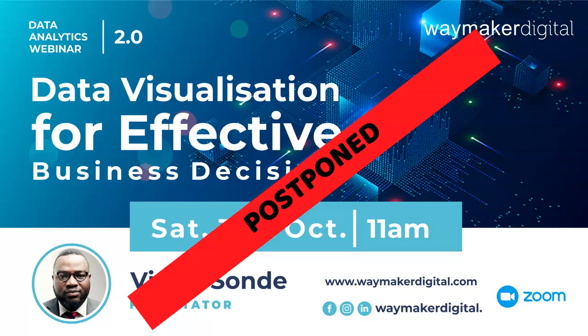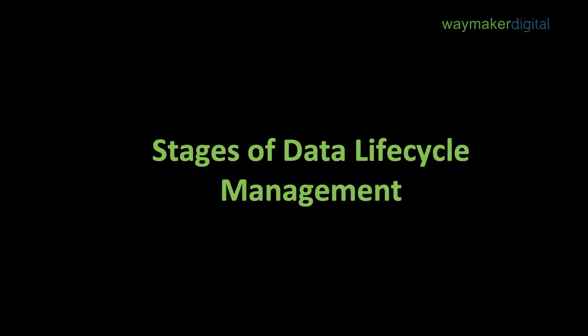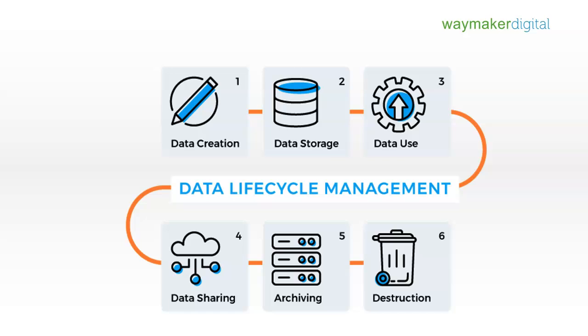Let's get back into the session. Now, I'm going to talk about the stages of data lifecycle management. It's important that you pay attention here, because if you look at the flow, there is not an arrow going from 1 to 2 to 3 to 4.